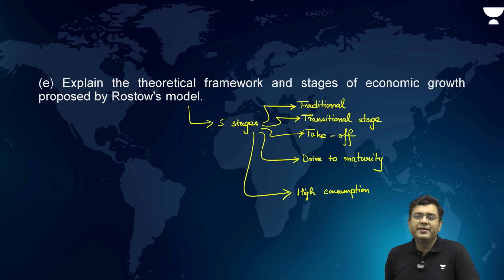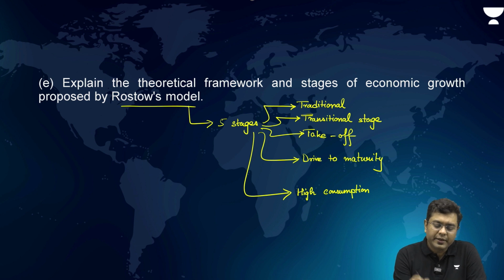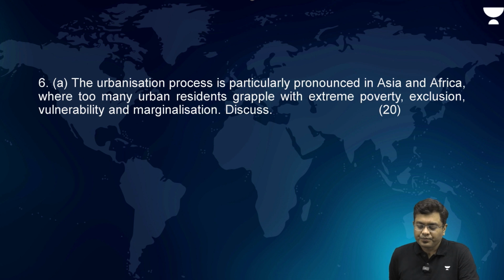Okay, so those are the stages of economic growth that can be talked about by Rostow's model with elaborate examples.